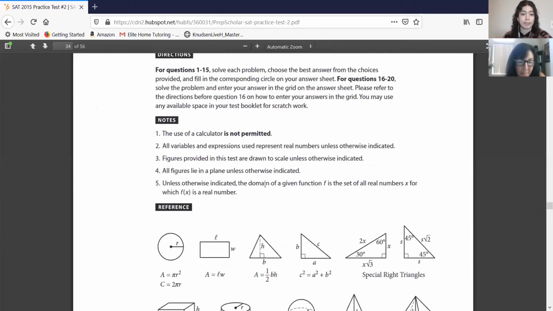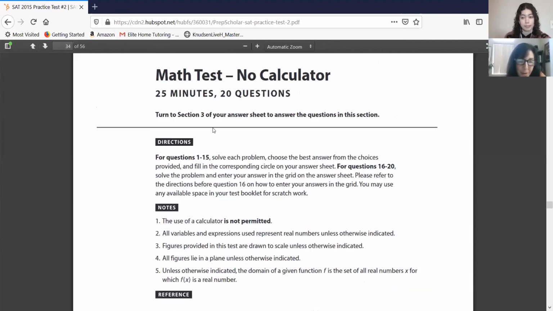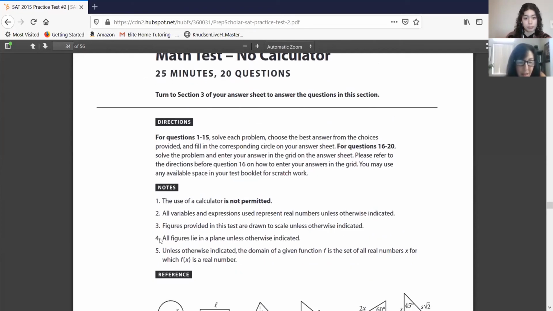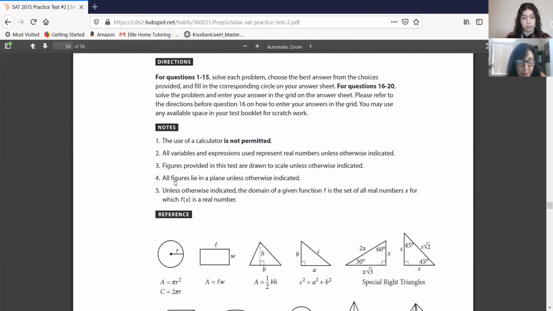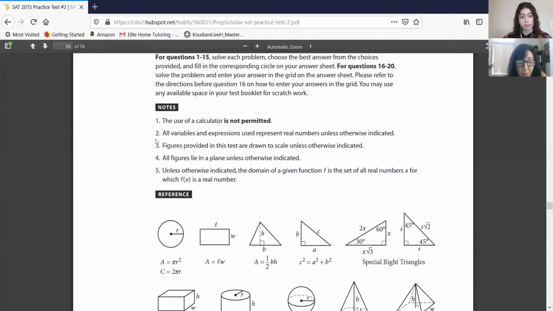Yes, thank you. All right, so math, no calculator, 25 minutes, 20 questions, as we said. No calculators permitted. All variables and expressions use real numbers. Figures are drawn to scale unless otherwise noted. All figures lie in a plane unless otherwise noted. The domain of a function f is a set of all real numbers.